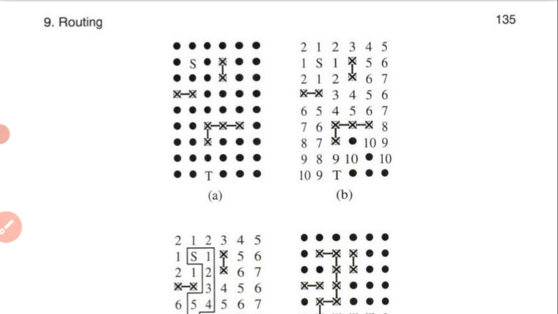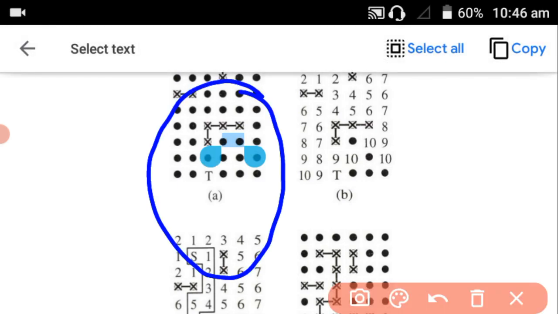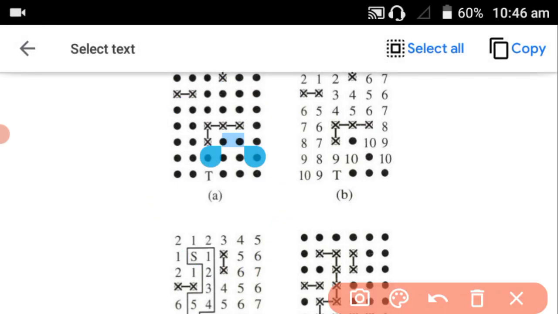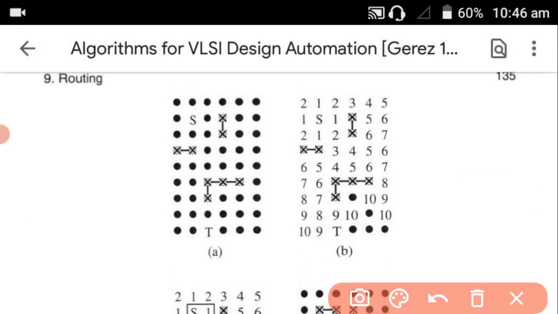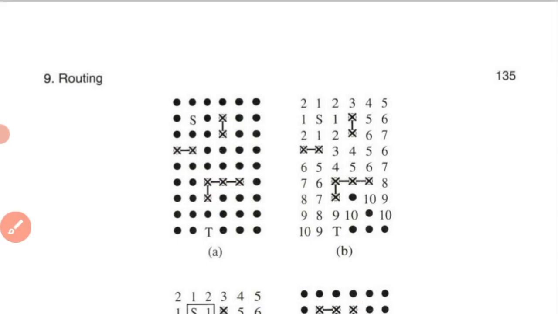Here S is the source terminal and T is the target terminal, so we have to make the connection from S to T. Also there are three obstacles in this diagram. This one is the first obstacle, second, and this is the third one. They are the obstacles present in this routing.